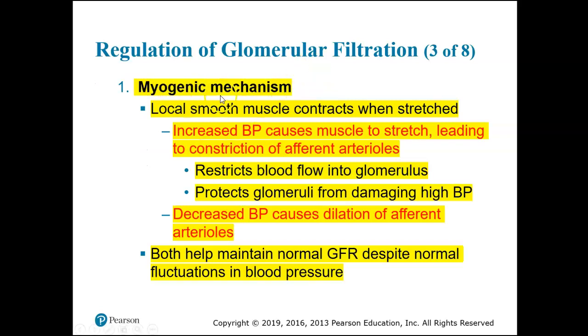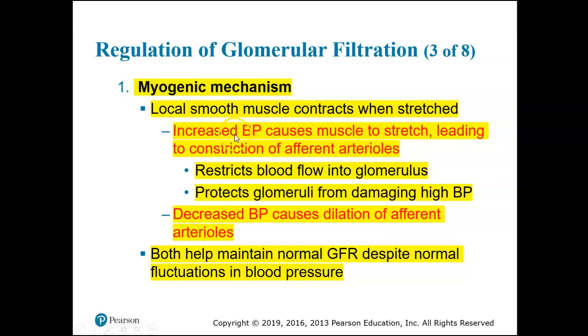First of all, this is really a simple thing. The myogenic mechanism is very, very simple in theory: higher blood pressure causes muscle to stretch. And the more stretch there is in the smooth muscles lining the afferent arterioles, the more they constrict.